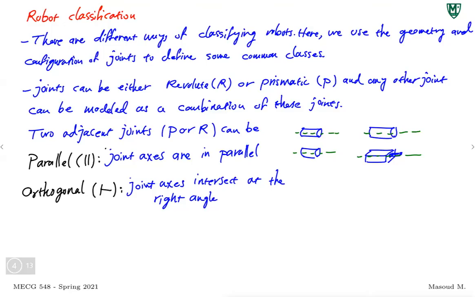So think about a revolute joint this way. It rotates in this direction, and then another revolute joint in this way.